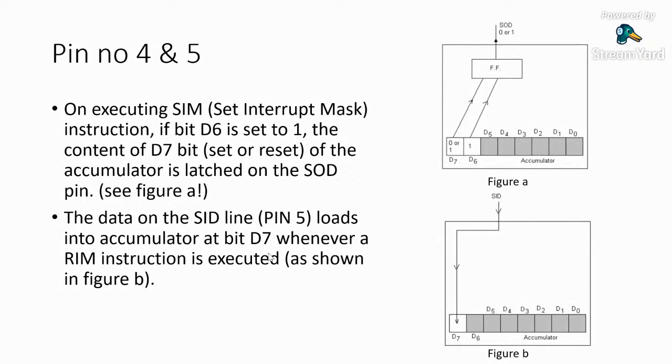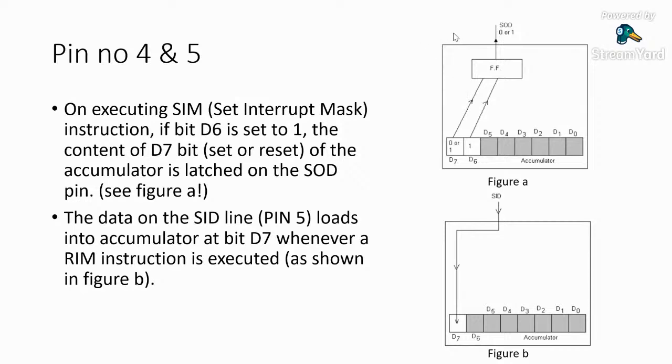Whenever executing SIM, this is the diagram of what I told you in the previous session. This is the accumulator. The bit should be set into 1, and then this is the flip-flop for the SOD, and if SOD is equal to 0 or 1, then it indicates the interrupt mask is active.